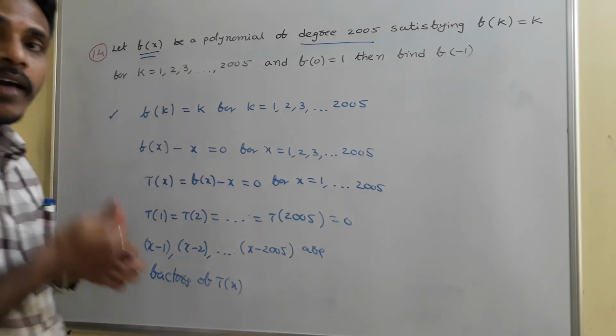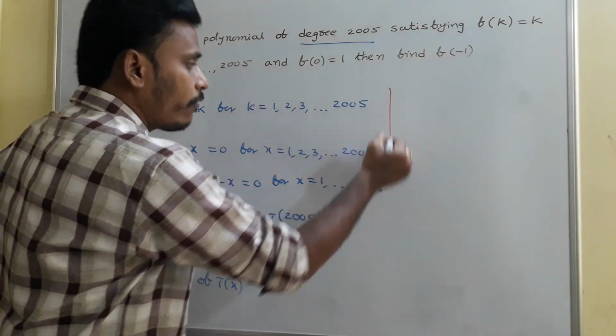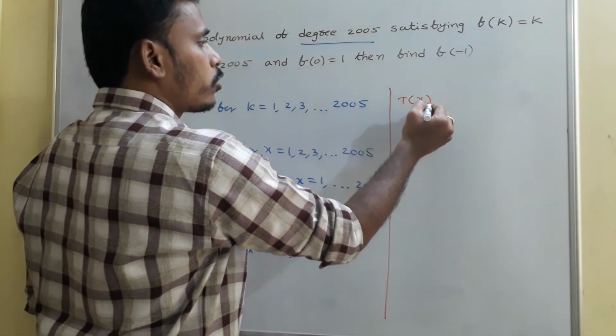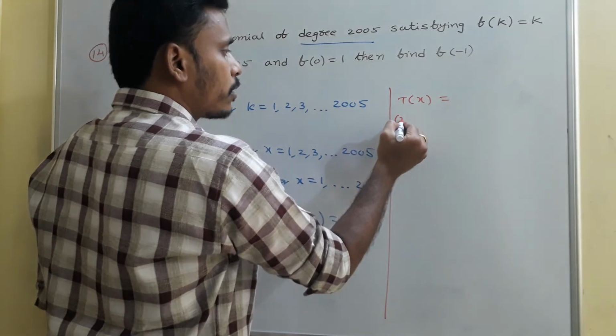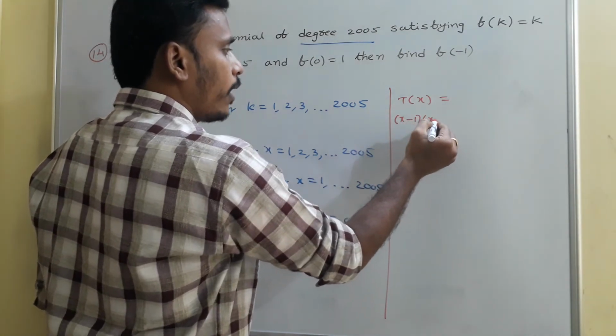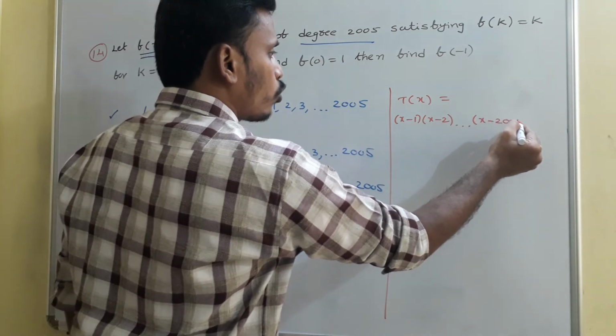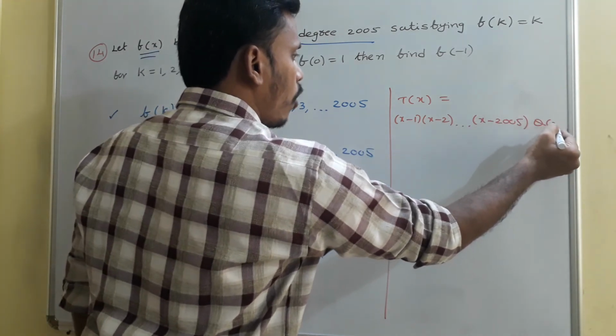Since all these are factors of t of x, how can we write it? Then t of x equals the product x minus 1 into x minus 2 into and so on into x minus 2005 into some q of x.